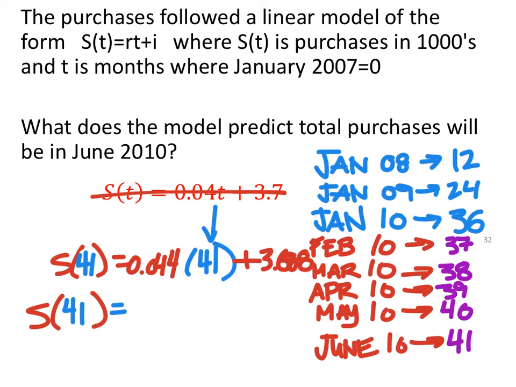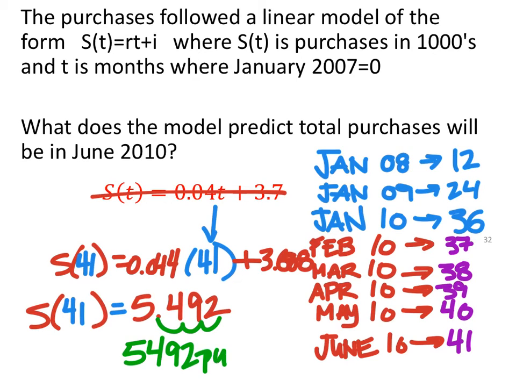So let's go to the calculator. Now from this I get 5.492. But again, this is still in thousands, so just multiply it by 1,000 if you'd like. You'd get 5,492 purchases. And again, this is for June 2010.